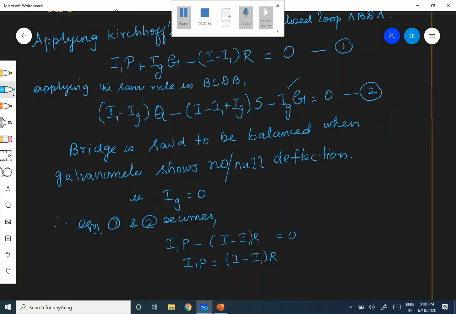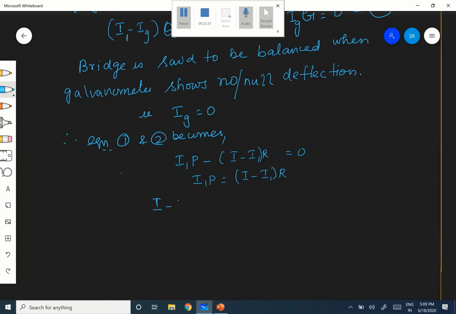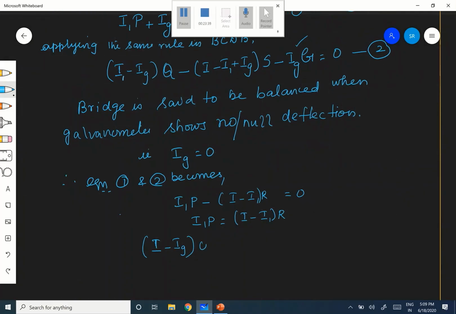Therefore, equation 2 is I minus IG into Q minus I minus I1 plus IG into S. There also IG is 0, so IG will go from this equation also.